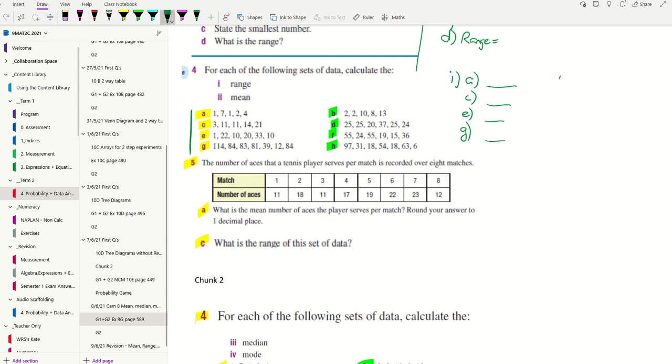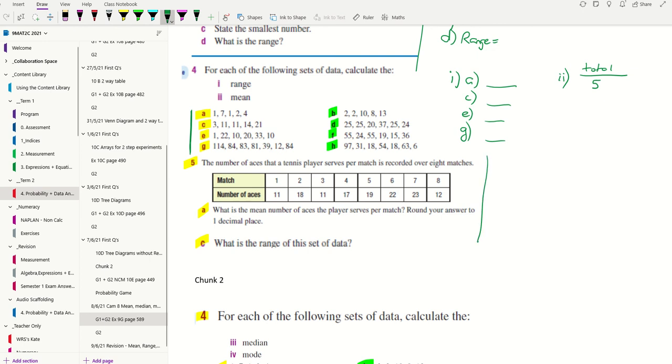Then you'll need to put this in your calculator. You'll need to add up those numbers, so the total is going to be on the top. Add them all up with the total and then divide by how many there are. So that first one is going to be divided by 5. Have a look at those next questions, A, C, E, G. You're doing the same for all of those.